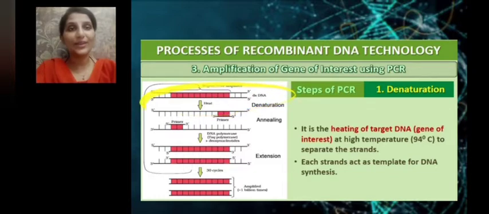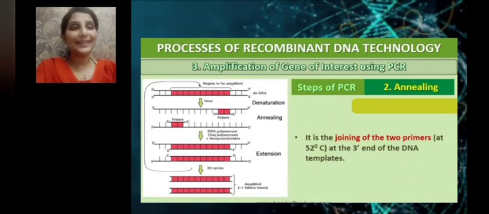This is a double-stranded DNA, and we can see the two strands have been separated by denaturation, which is heating the DNA with the gene of interest at a temperature of 94 degrees Celsius. As a result, each strand, which is running in opposite polarity, acts as a template strand for polymerization to take place.